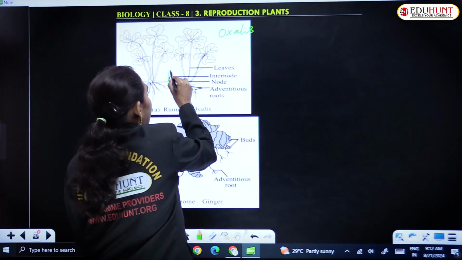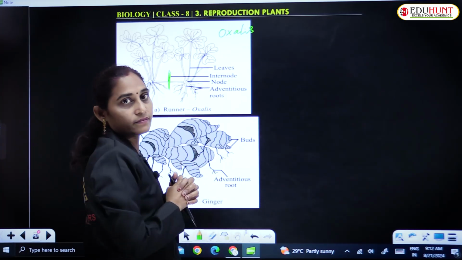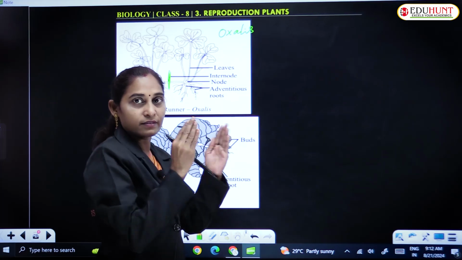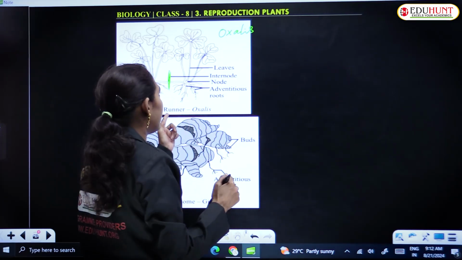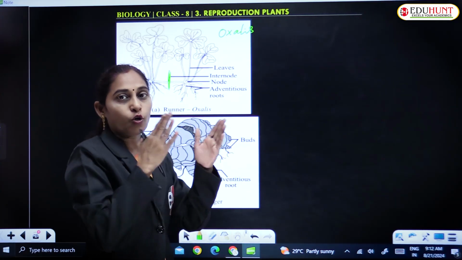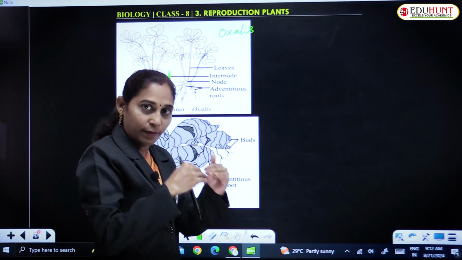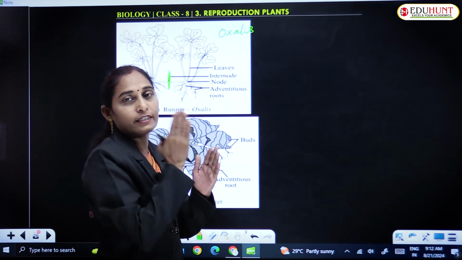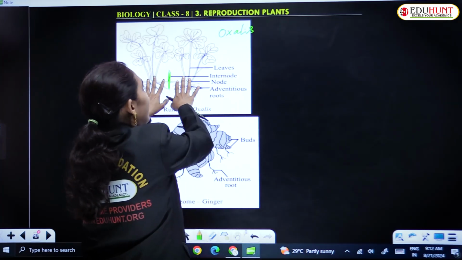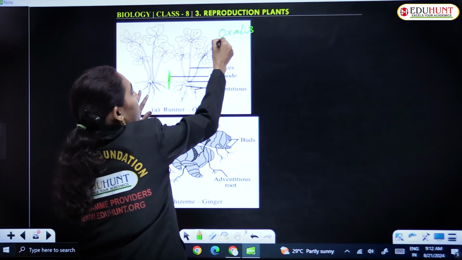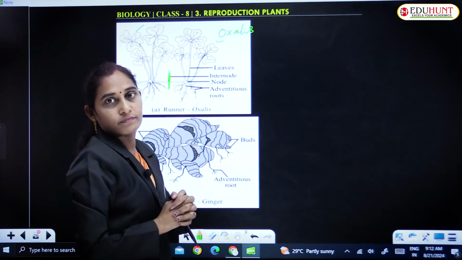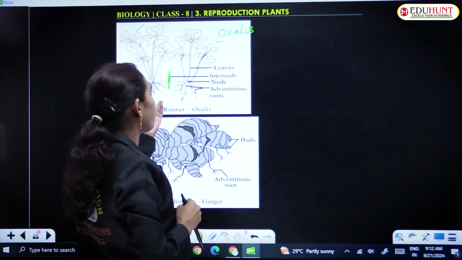If we separate the plant at this junction, that is between the nodes, the internode, if we cut the plant at the internodal region, it will act as a separate one. In this way they propagate.